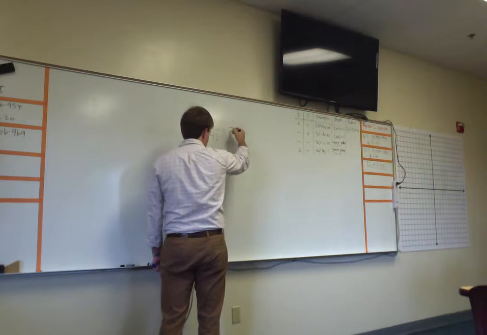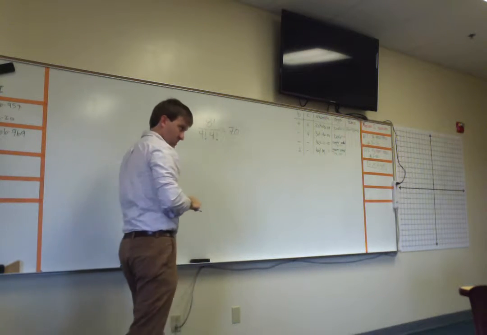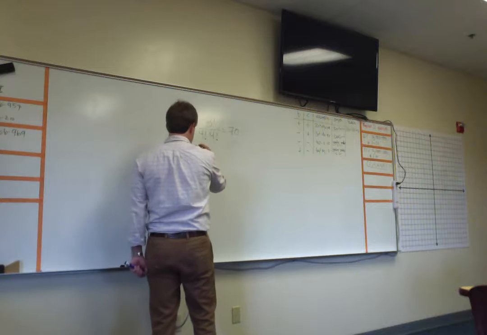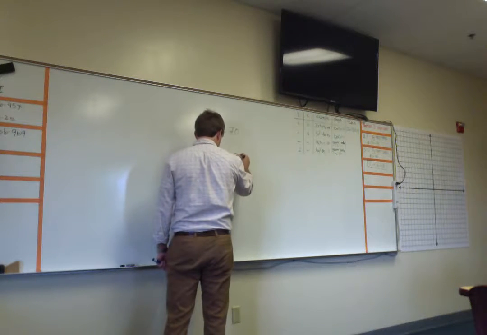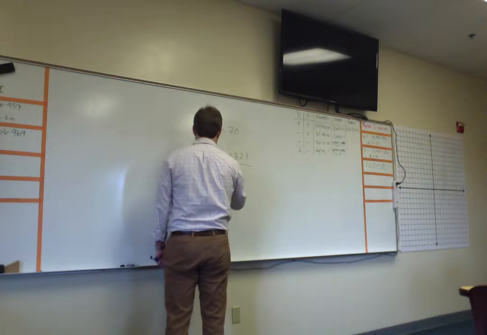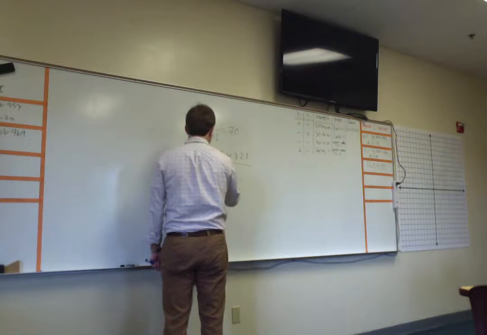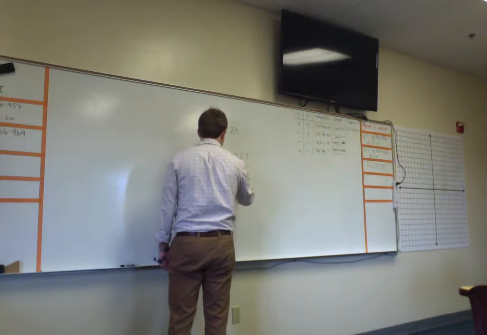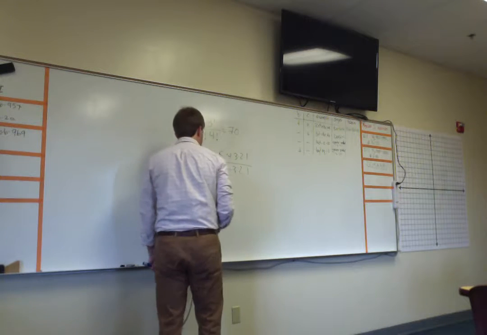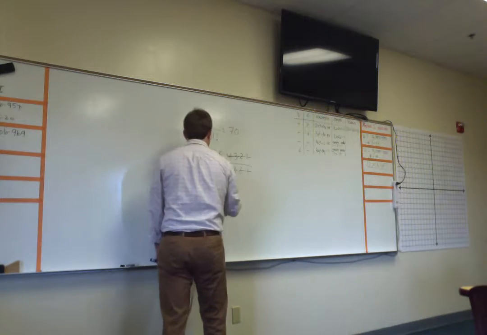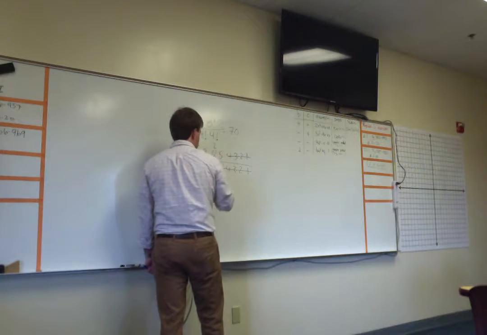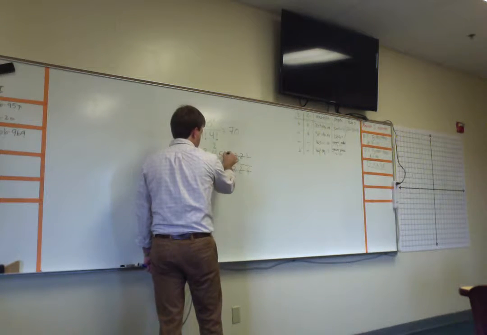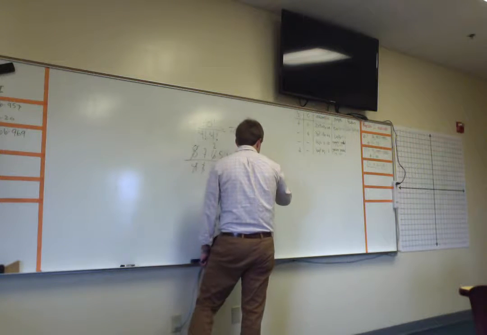This right here is 70. Because we go 8 times 7 times 6 times 5 times 4 times 3 times 2 times 1 over 4 times 3 times 2 times 1 times 4 times 3 times 2 times 1. So this cancels. The 4 and the 2 cancel with the 8, and the 3 makes the 6 a 2. So I have 7 times 5 is 35, times 2 is 70.